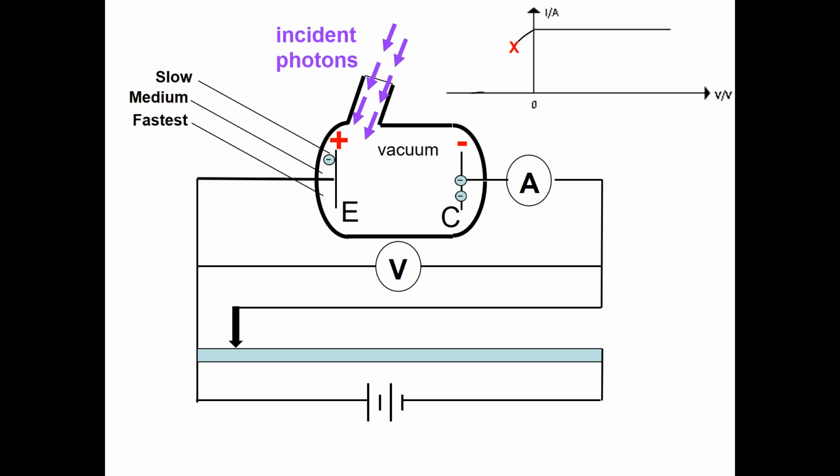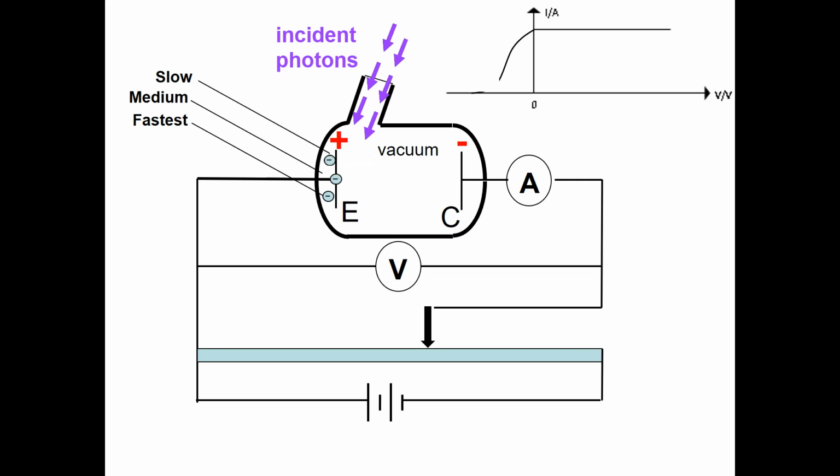So what happens now if I increase the potential difference? Watch, I move the wire here. It's even more positive on the E side and even more negative on the C side. That means the potential difference has become more and more negative. What happens? The slow speed one already could not reach, so now even less. See, the distance it came out is less compared to before.